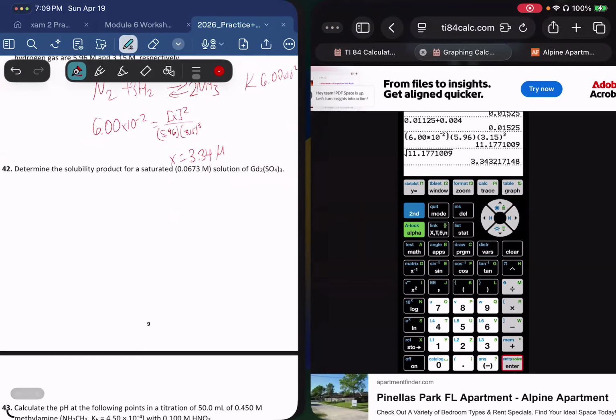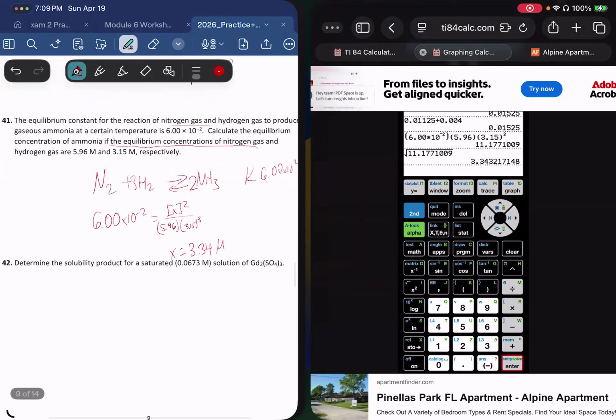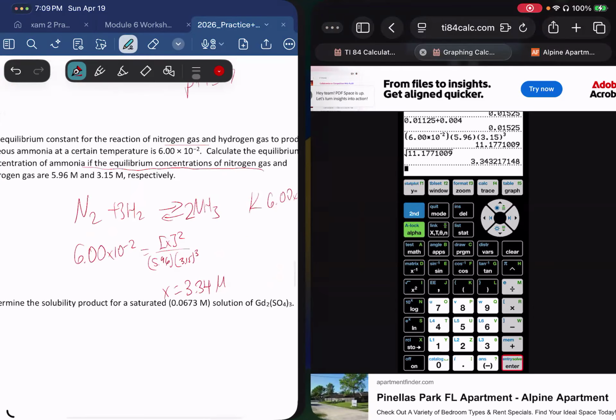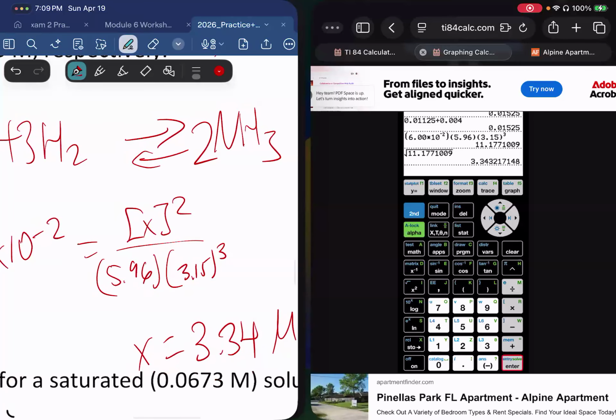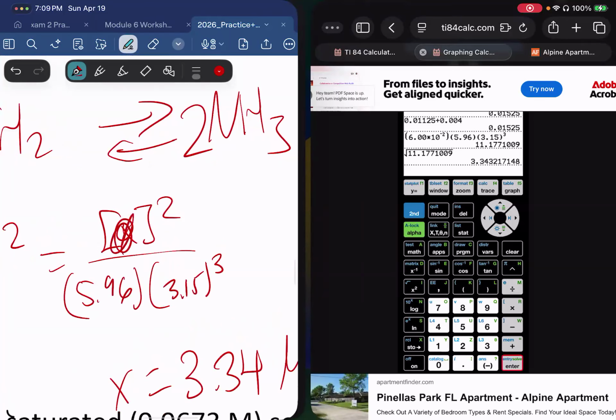Would you not have to do 2x squared? Because they're giving you the equilibrium concentrations, you don't need to deal with the ICE chart. I think 2x squared confuses things.